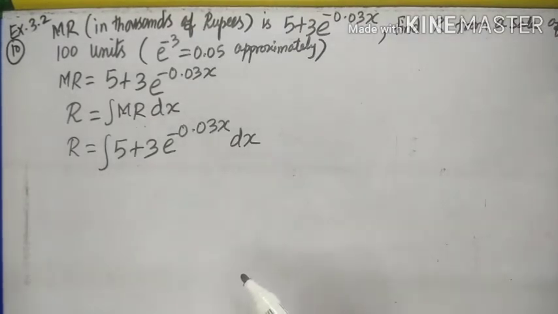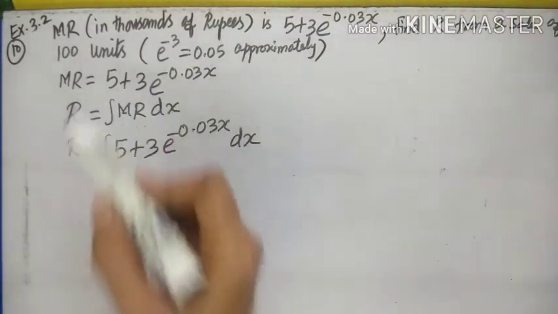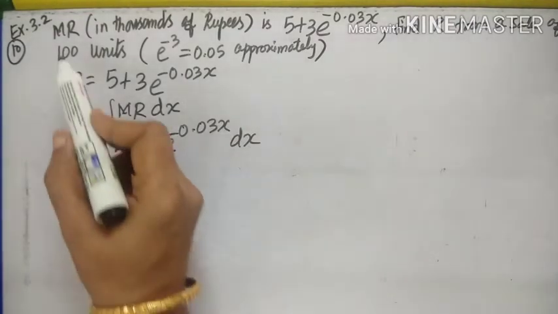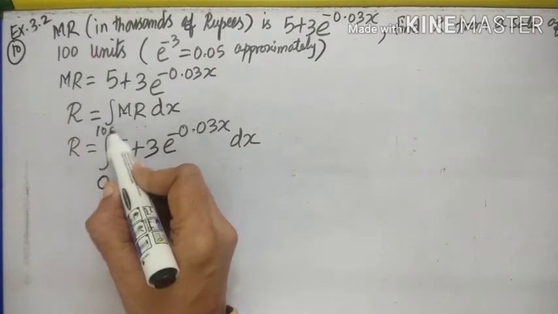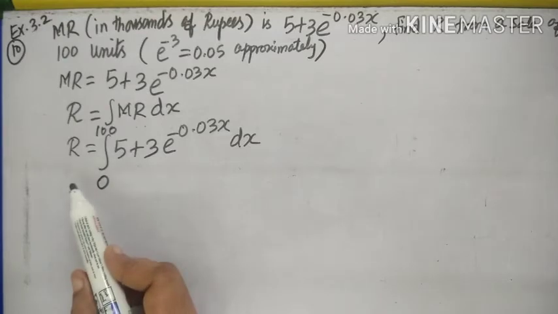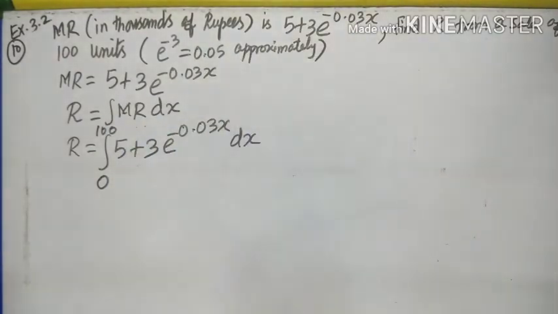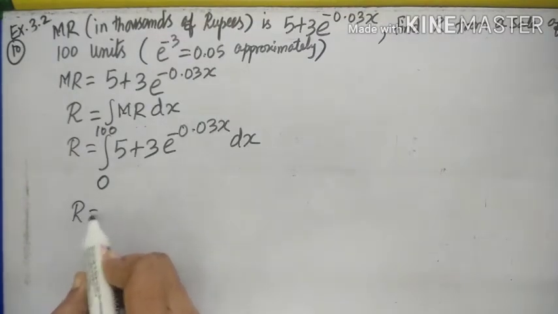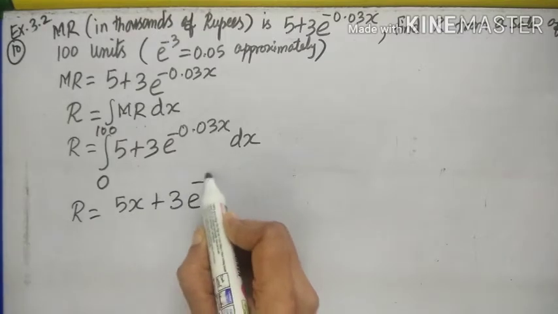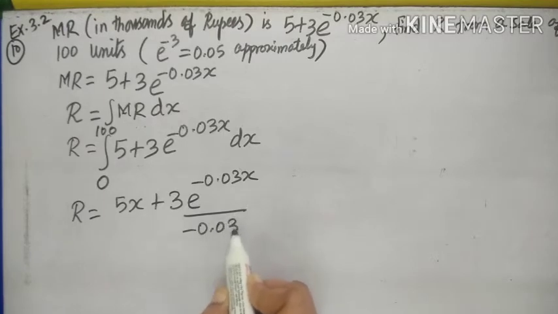Here is another procedure, when they ask you to find R from a sale of 100 units. Beginning it is 0 units and we need to know up to 100 units. So this is another way of finding R. So R equals integral 0 to 100, the given MR. Let us integrate. 5 will become 5x, 3 e power minus 0.03x divided by minus 0.03.